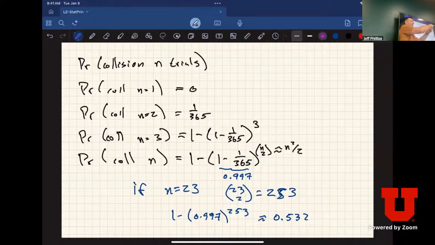Because if the first two already intersected, and the second one intersected the third one, then they all intersect. And so these probabilities get a little bit smaller every time I add a new check. So it's 1 out of 365, then I think it's 1 out of 364, and it's a more complicated formula here.